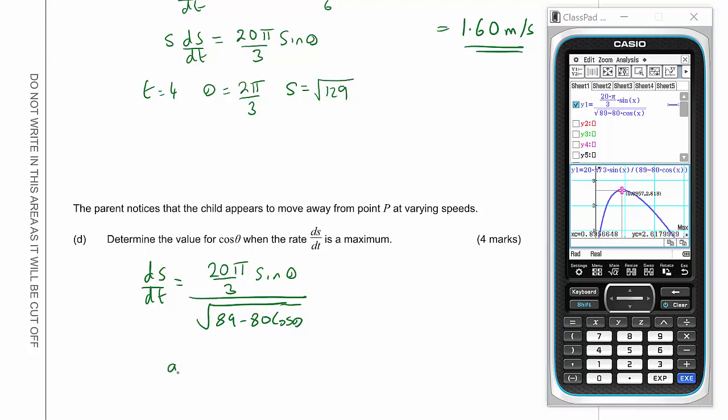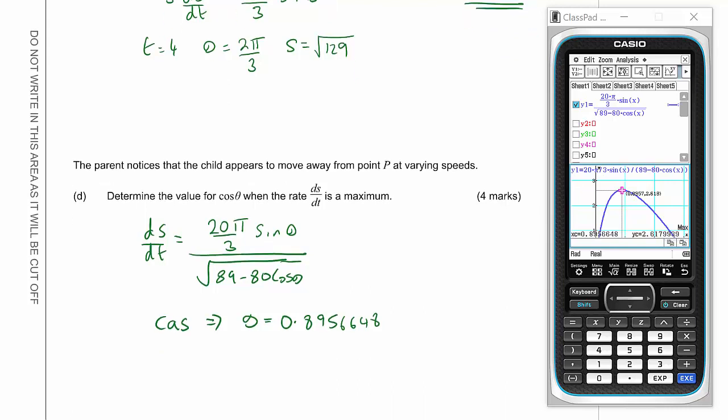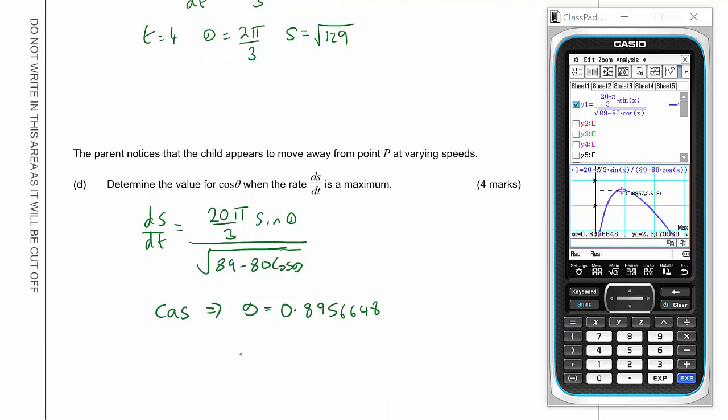So with the CAS, we get theta is equal to 0.8956648, and it was the value of cos theta that we wanted, so we just need cos of that.